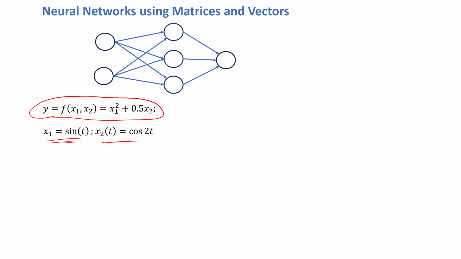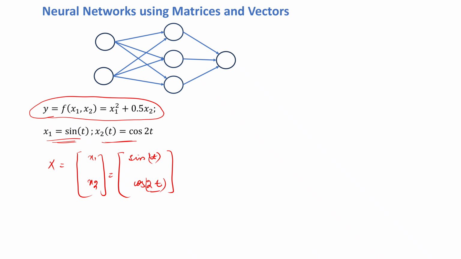So the first thing is that we want to write the input matrix X. We know that it can be written like this, which is equal to sine of t and cos 2t. This t is inside the angle, it is not outside this function, okay?